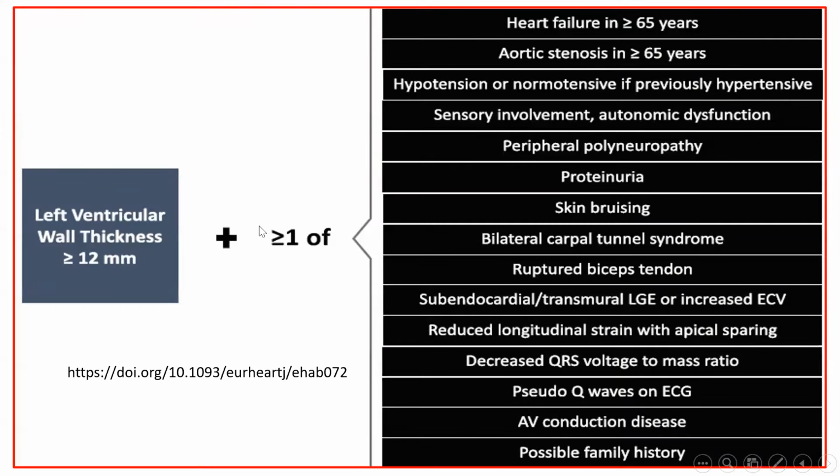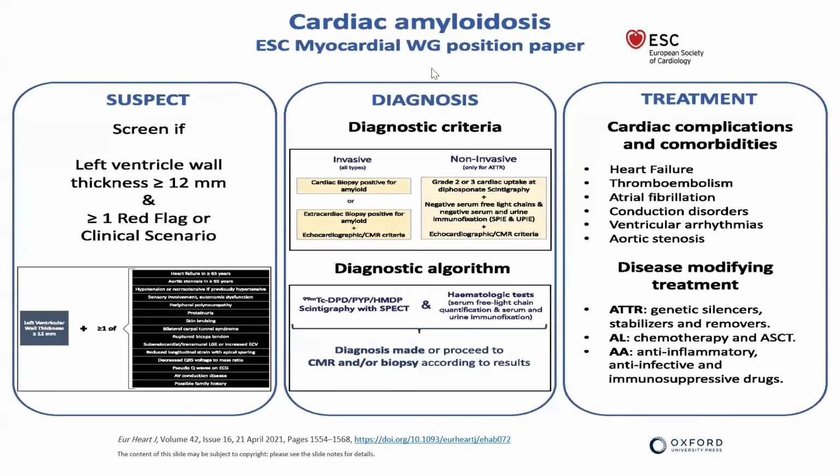So in summary, when a patient has high clinical suspicion for cardiac amyloidosis, do an echocardiogram. If the echocardiogram shows wall thickness more than 12 millimeters and any red flag signs, then you should work up the patient for cardiac amyloidosis.